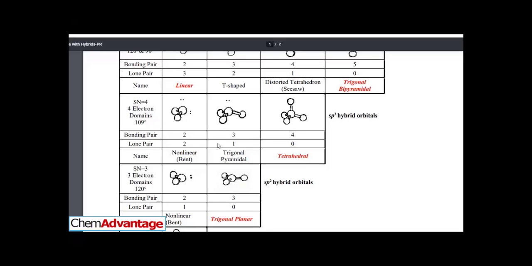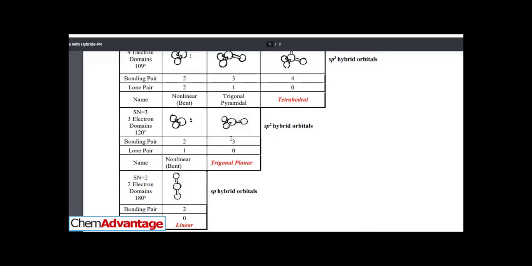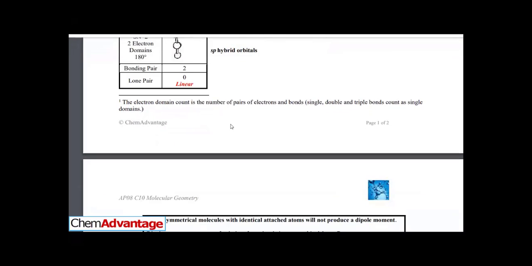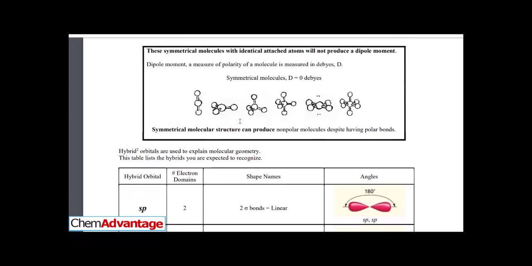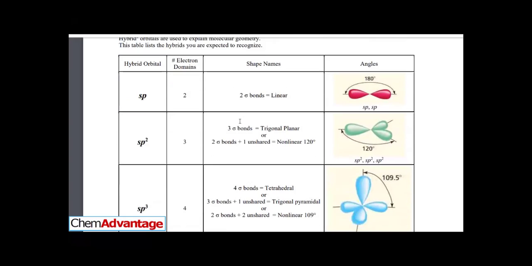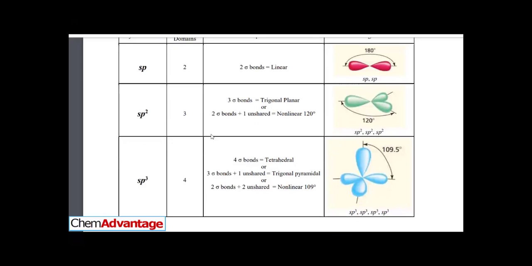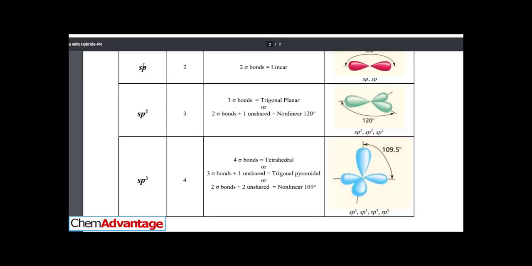hybrid orbitals. And sometimes they'll ask about what type of hybridization we have. And the critical thing to know about hybridization is that it depends on the number of domains you have. 4 domains is called sp3 hybrid. 3 domains is sp2, and 2 domains is sp. Imagine superscripts here. We have a superscript 1 and a superscript 1 that adds up to 2. So that's a good way of remembering things.